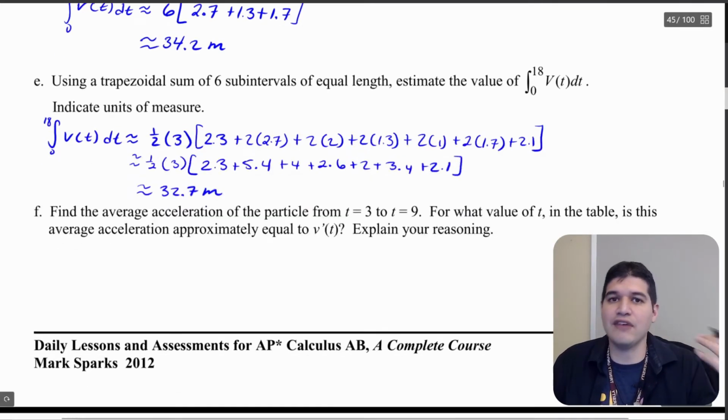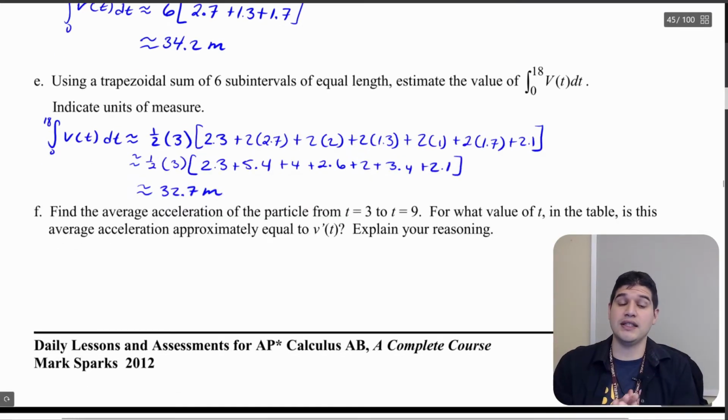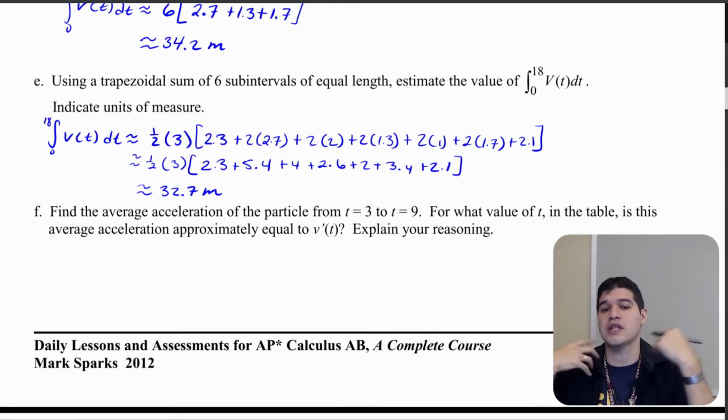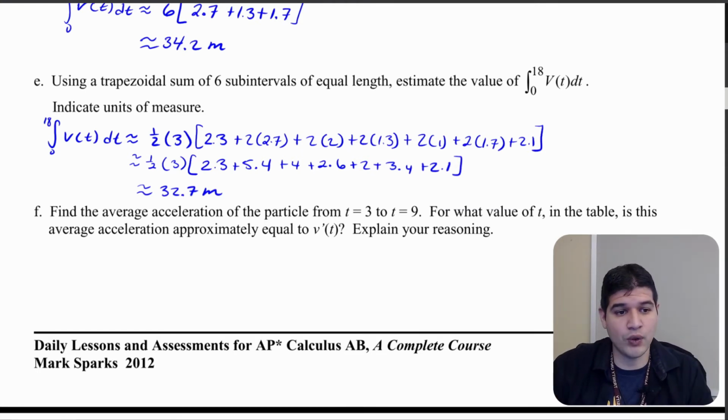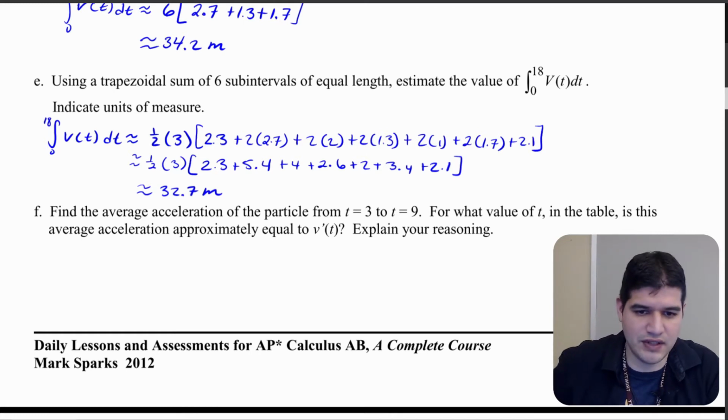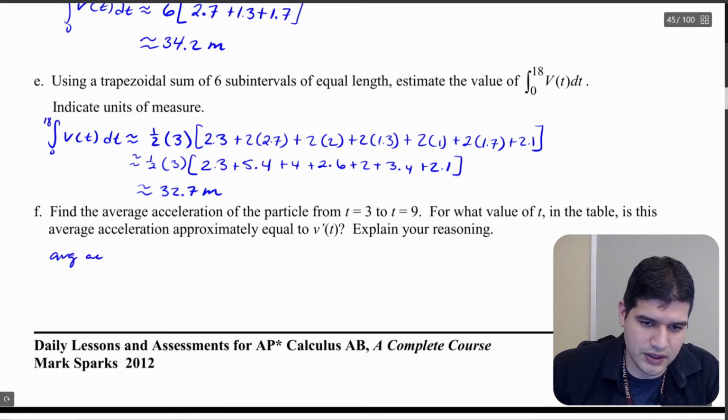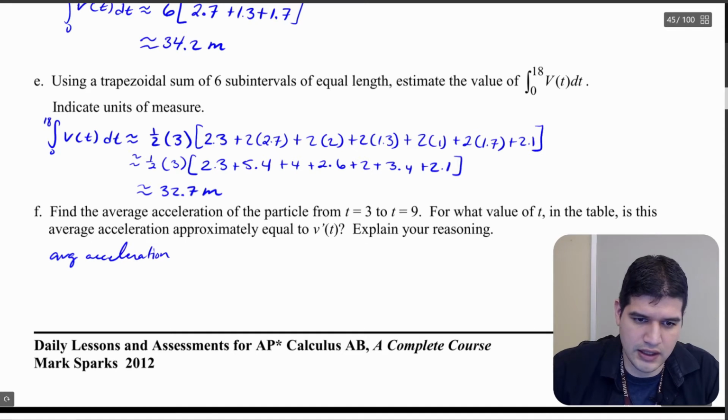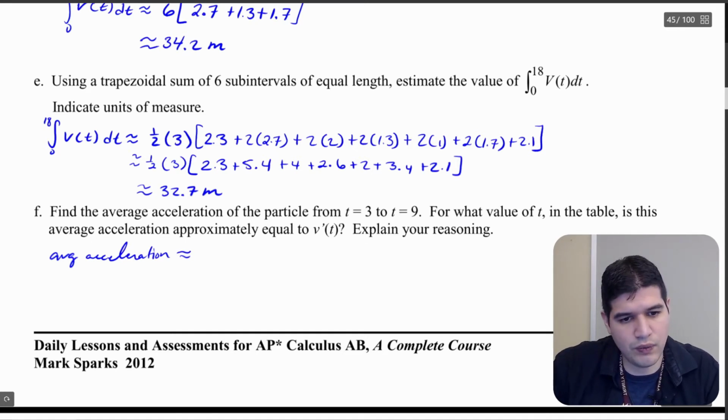And now moving on to our final question. We want to find the average acceleration. Keep in mind, we're given velocity, so going down you're thinking derivatives, things like slope. And we're going from 3 to 9. And for what value of t in the table is this average acceleration approximately equal to v prime of t? So first, let's find this average acceleration. It's going to be approximately v of 9 minus v of 3 over 9 minus 3.